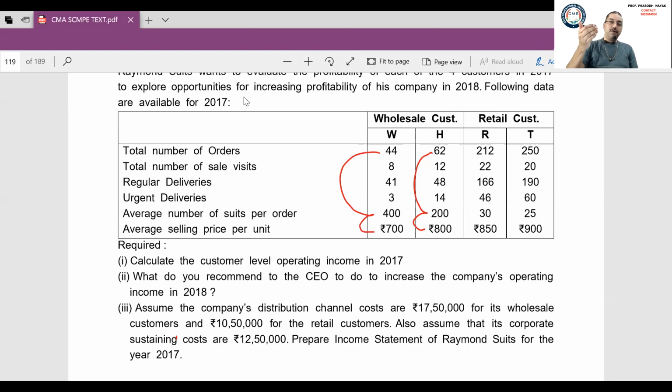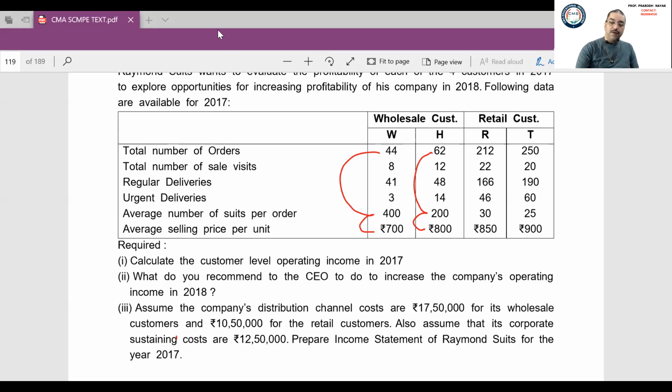List price minus the discount, actual price, minus the cost of goods sold, minus the indirect cost on the basis of cost drivers which are given to you. Whatever I get is the customer level operating income. After that, we have to do some more calculations, which I will tell you after we finish the preparation of the statement of the year.